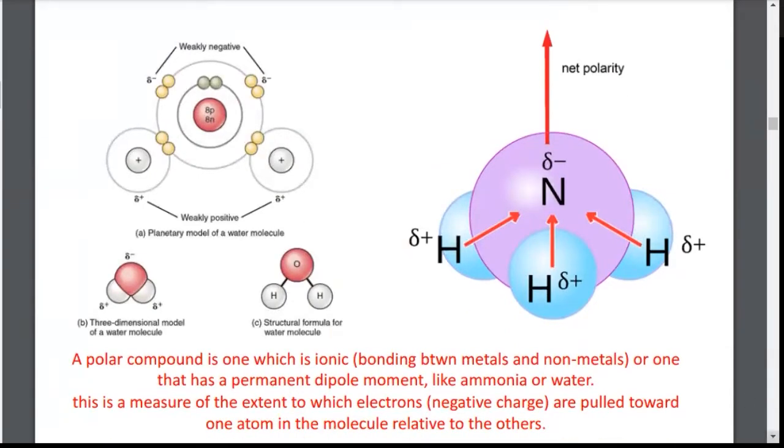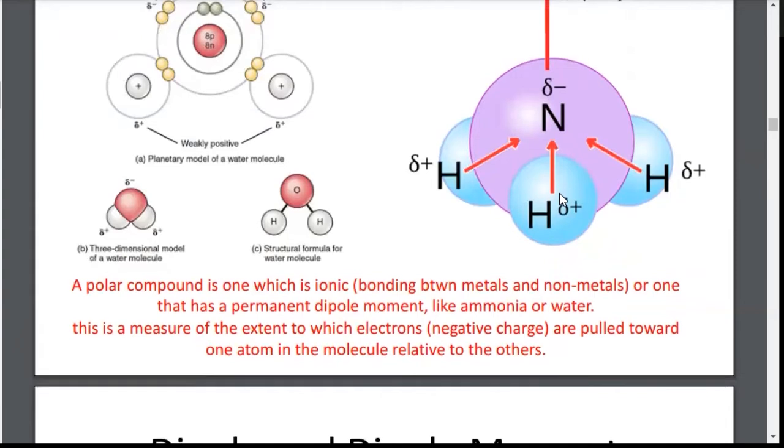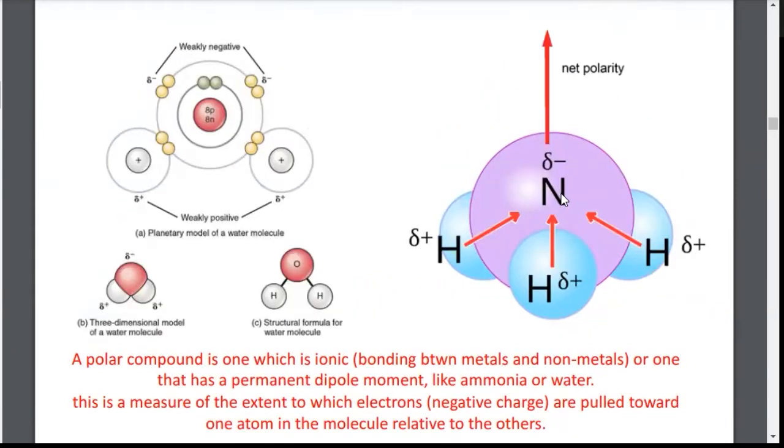Now, what you've got here is another picture of water, and next to it a picture of ammonia. What do you notice about the difference between these compounds? Can anybody say what differences you can see, just in terms of how many particles there are?